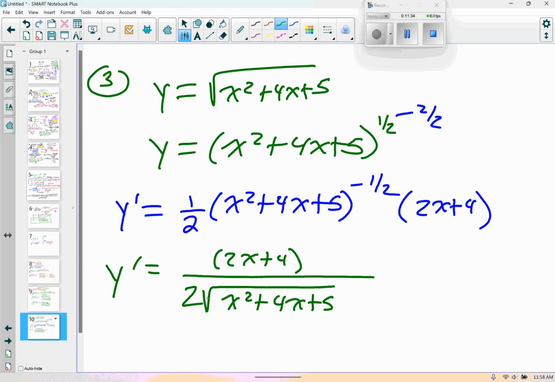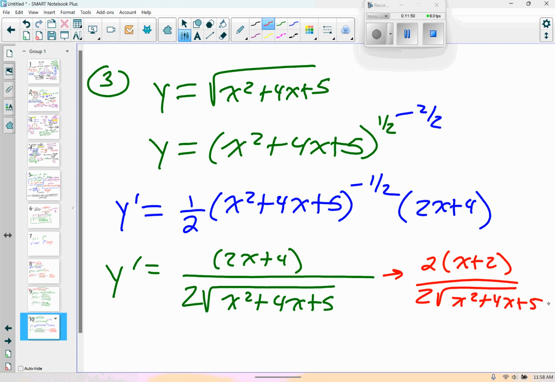And I guess if you really wanted to get really fancy, this is for 100 million bonus points. So I factored a 2 out. This 2 cancels this 2. So truly my cleaned up derivative looks like this.